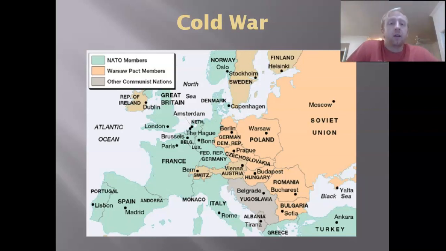And where the European Union stands and what they believe in versus their neighbor Russia, which is still a heavily influenced communist country. So this is important that you know the European Union and all that good stuff.